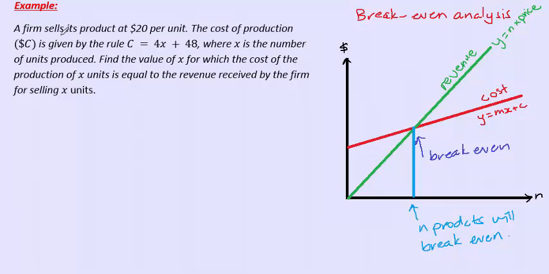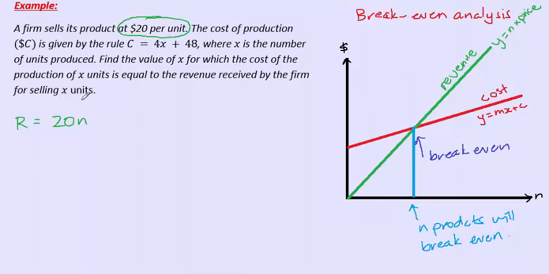So now let's put it to this question. It says a firm sells its product at $20 per unit. So that's the revenue, which is $20 for every unit. Therefore, I'm going to say my revenue equals 20 times n. That's my equation that I get from here. And it says that my cost is given by a rule 4x plus 48, where x is the number of units.